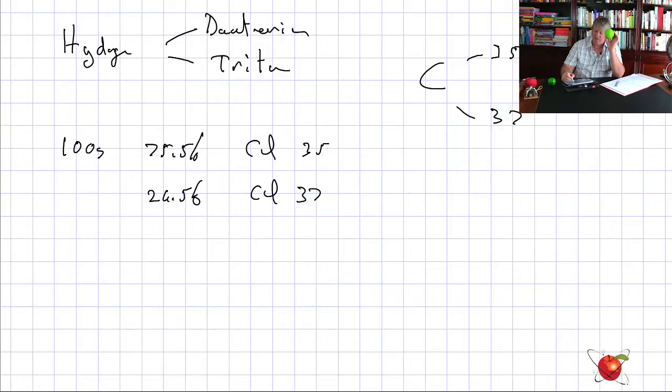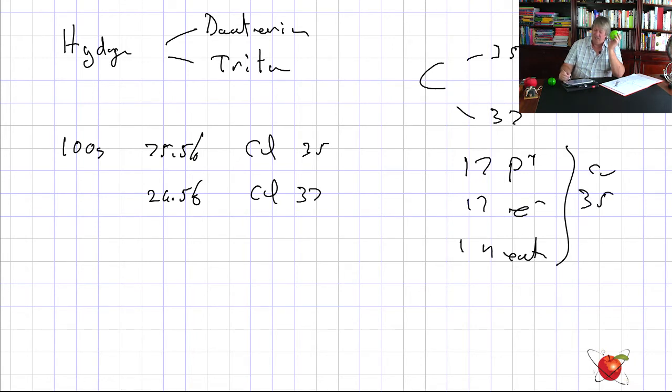Which means that in that case, we've got Cl35, and it's number 17. So there's 17 protons, 17 electrons, because protons must equal electrons. It's number 17, remember? Each one goes up by a proton or an electron, whichever way you want to think about it. So you've got 34, so you've got 1 neutron here. This is in chlorine 35. Let's have a look at the other one.